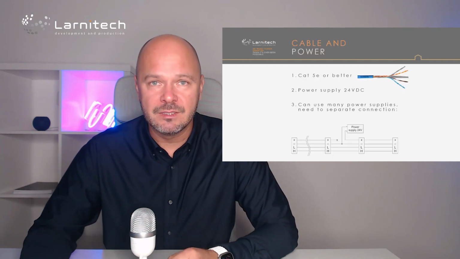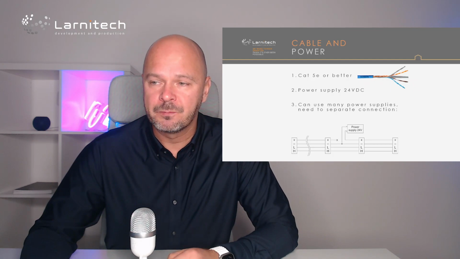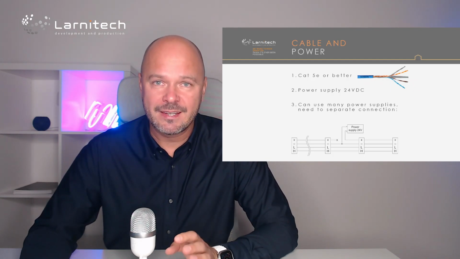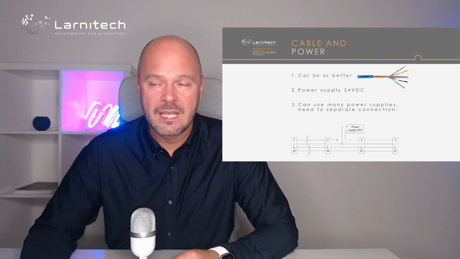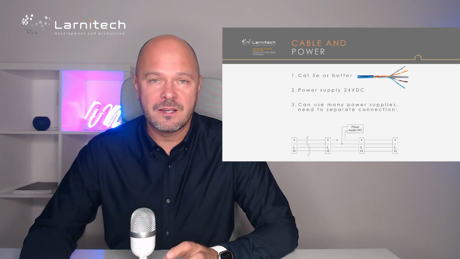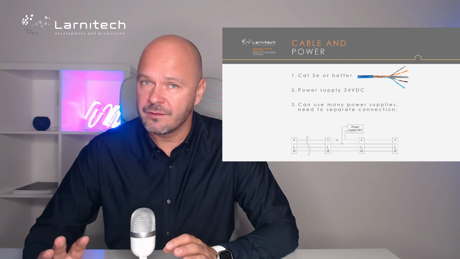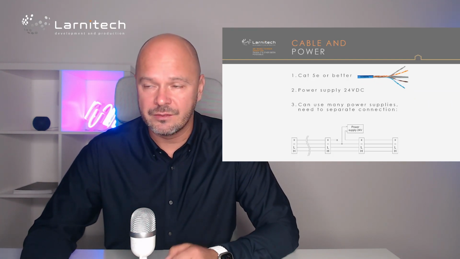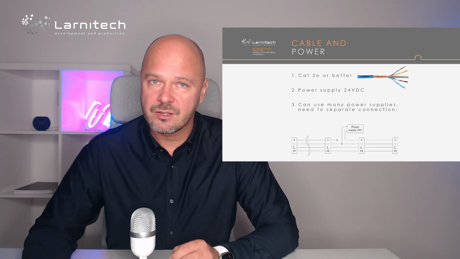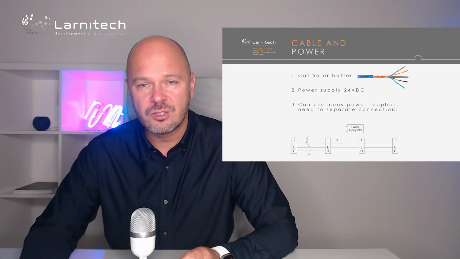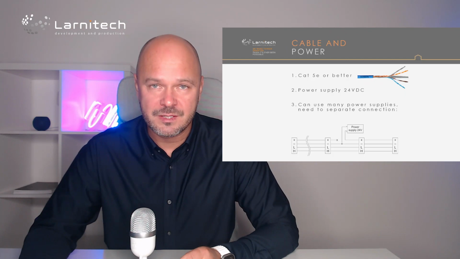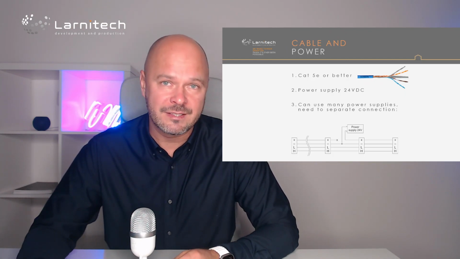What kind of cable and what kind of power do we use? We recommend Cat5e twisted pair cable or better. So usually Cat5e is enough for everything that we need to do inside the system. Cat6 is also good enough, and sometimes special cables for fire alarms and the cable for KNX.